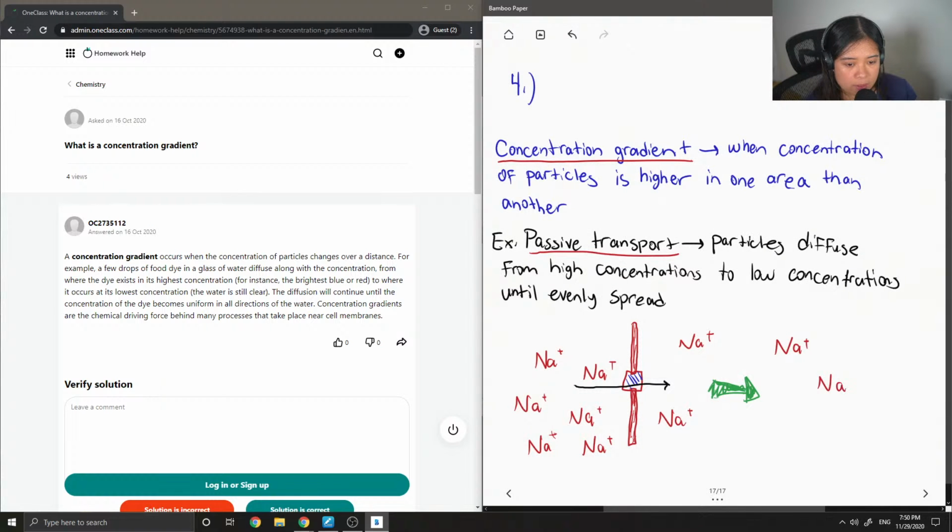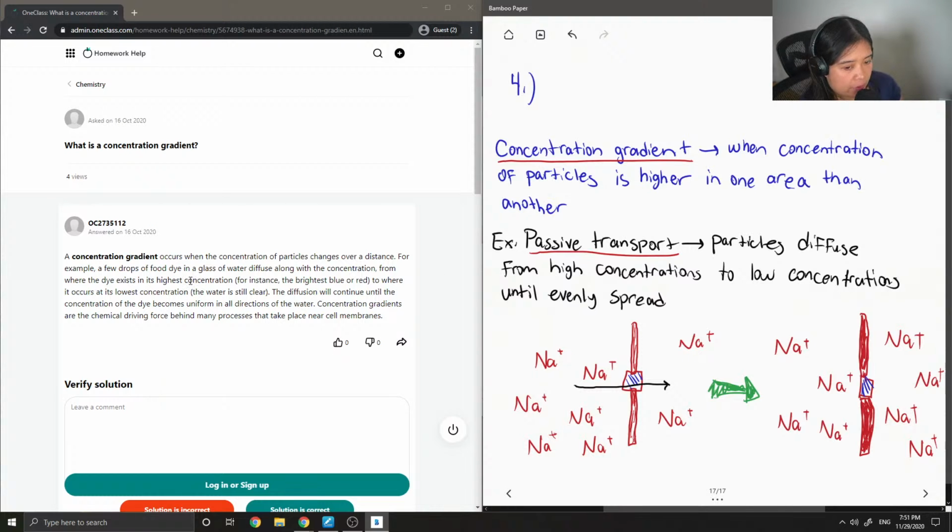So this happens until they're all evenly spread out. So this is an example of a concentration gradient.